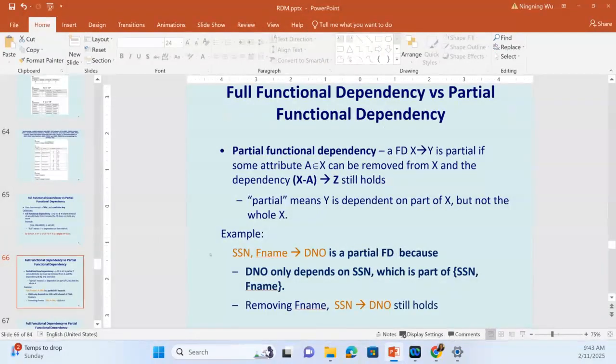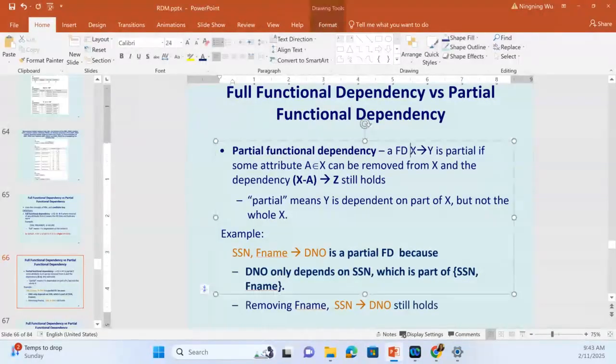This slide shows the definition of the partial functional dependency. Given a functional dependency X determines Y, if it is partial, then some attributes A can be removed from X, and X minus A, the remaining attributes of X, can still be used to determine Y's value.